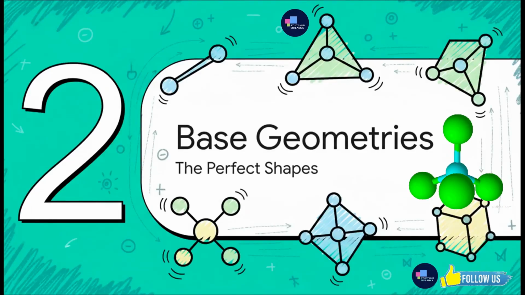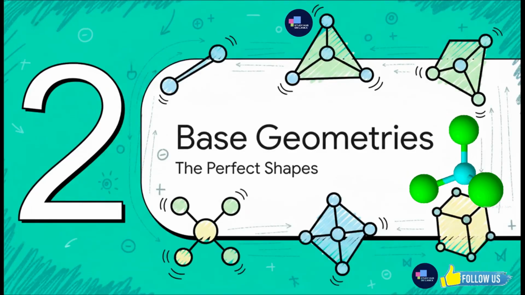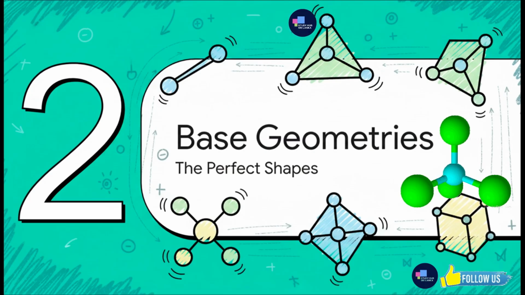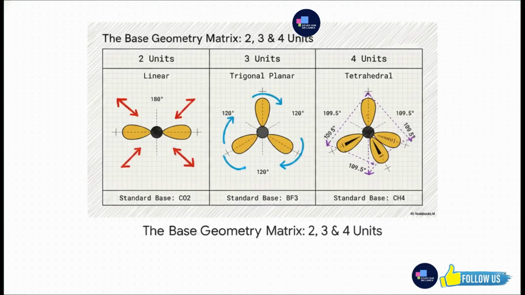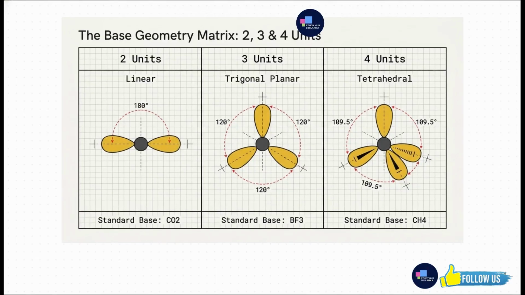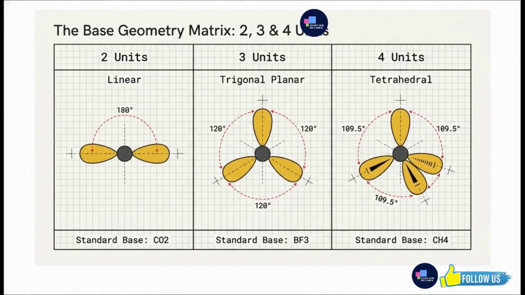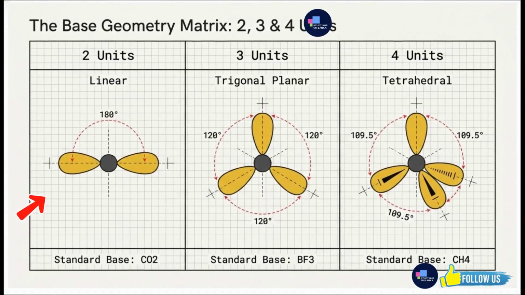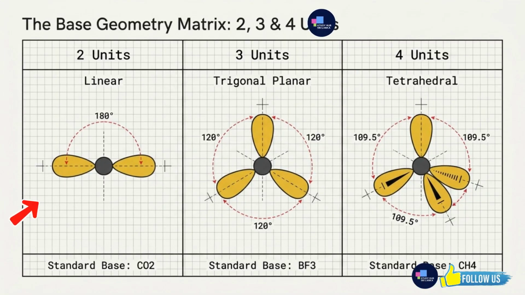All right, moving to section 2, standard electron pair geometries, the perfect shapes. Take a good look at this base geometry matrix. If you have two repulsive units, like we see in carbon dioxide, they push 180 degrees apart, giving us this beautifully perfect linear shape.